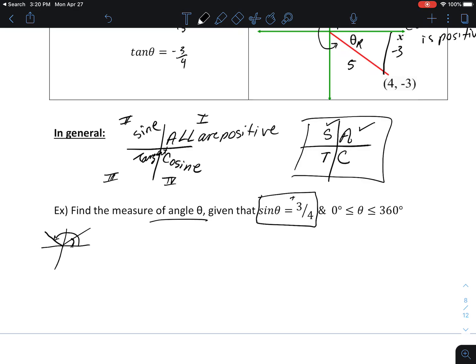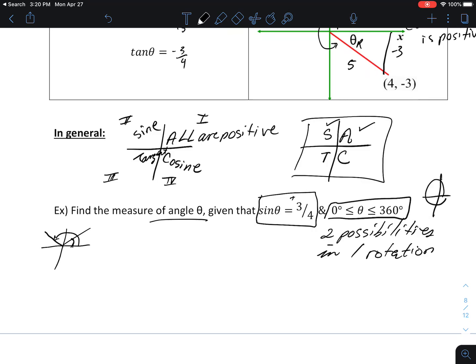So I'm either talking about this angle or this one. When you're doing a cast rule question, often there can be two possibilities, two answers in one rotation. And what do I mean by a rotation? 0 to 360 degrees. So that is one rotation.